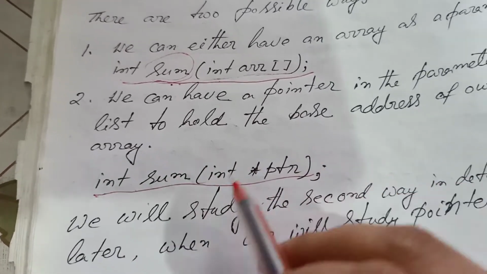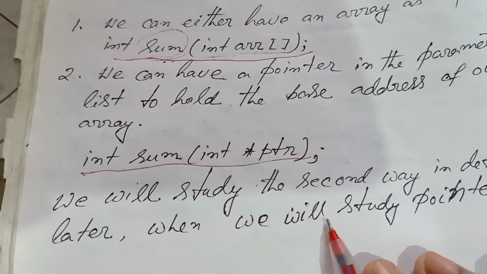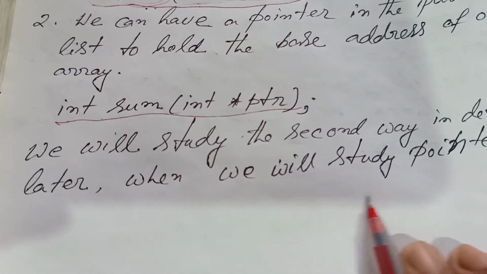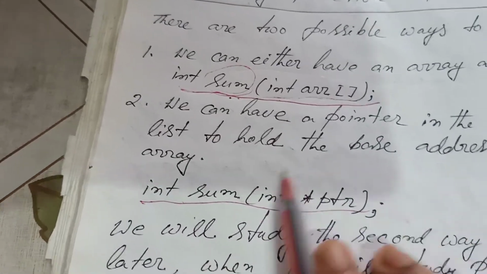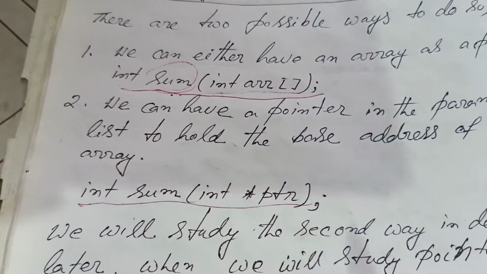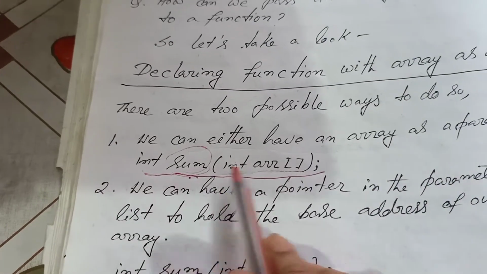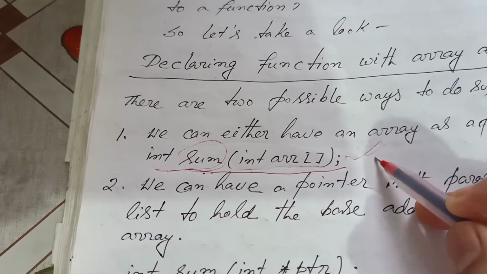When we follow the pointer chapter, we can easily understand it. So we will study pointers later. The second method we will discuss again in the pointer chapter. So the first way we are discussing here in this session.